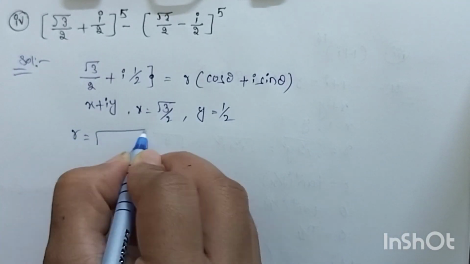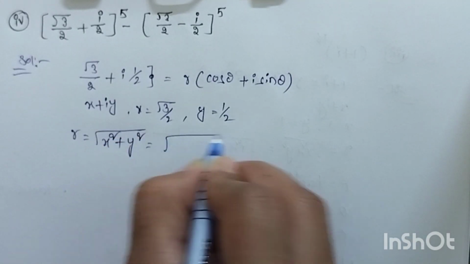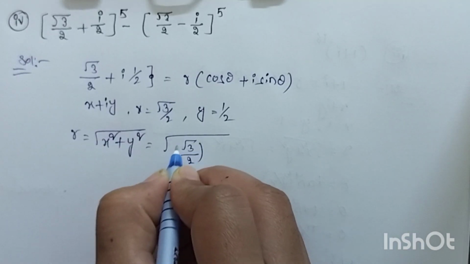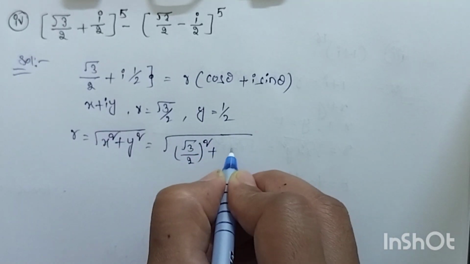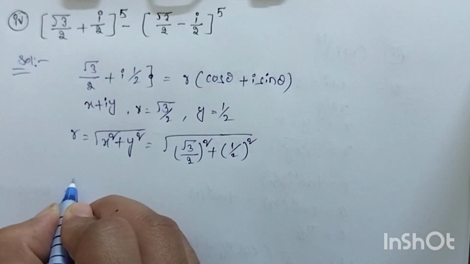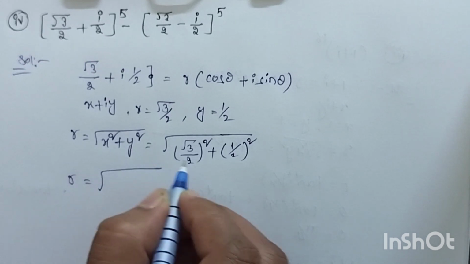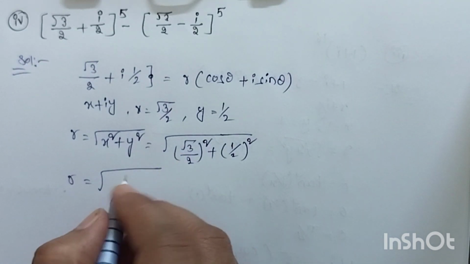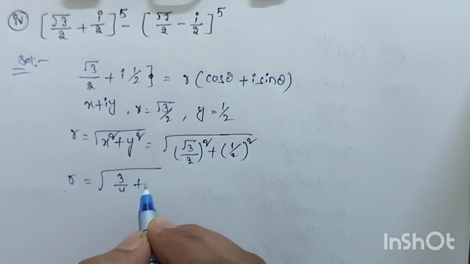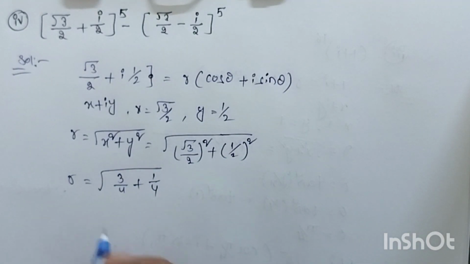r is equal to under root x square plus y square, which is under root of root 3 by 2 whole square plus 1 by 2 whole square. The square root cancels, so 3 by 4 plus 1 by 4.